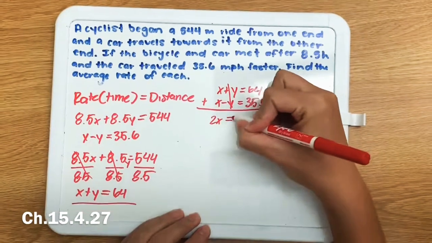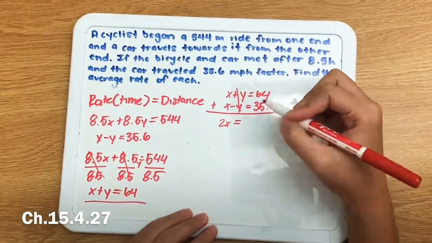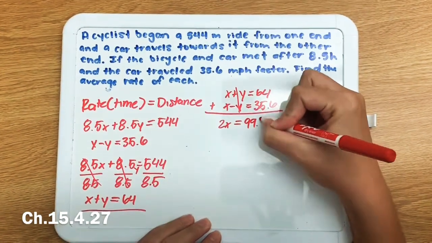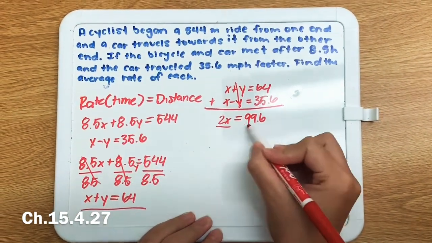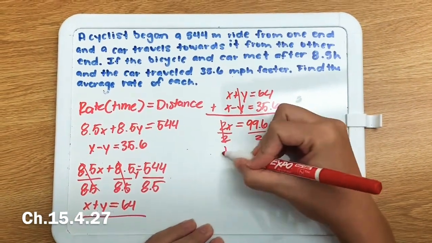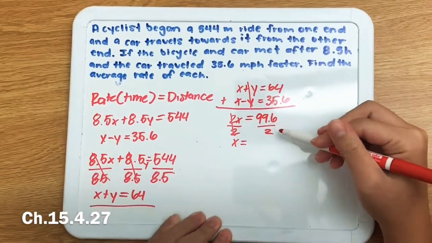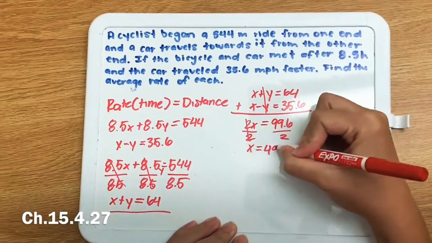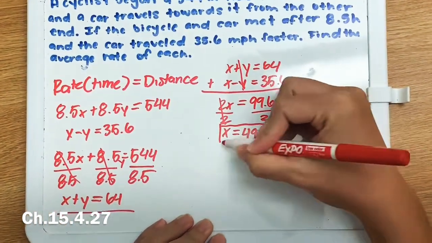And 64 plus 35.6 gives you 99.6. And because we're getting x alone, you're going to divide both sides by 2. So 2 cancels out. That leaves you with x equals 99.6 divided by 2, which is 49.8. So that's one answer, and that's for the car.